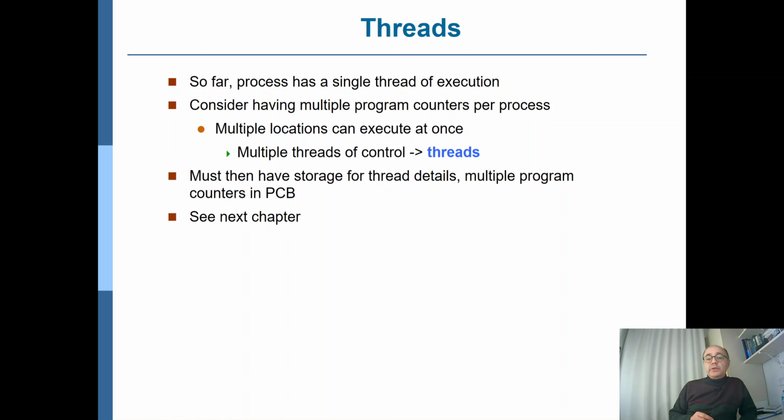Now, up to now, we talked about processes that are running in single thread. That means there is no parallelism. That means your program starts, it executes one instruction after the other. Okay? So we say we're talking about a single thread of instructions.